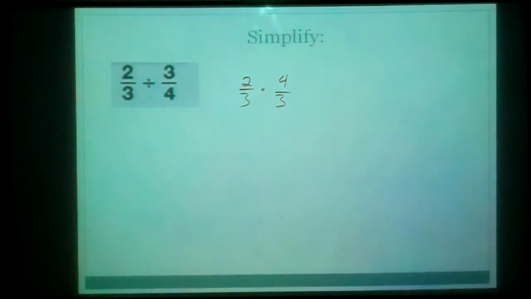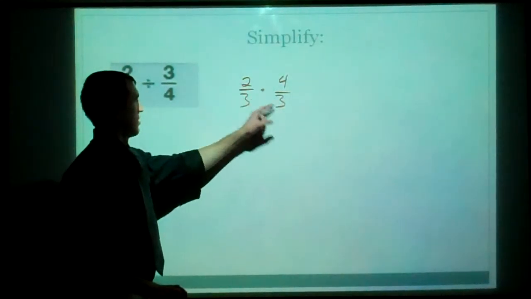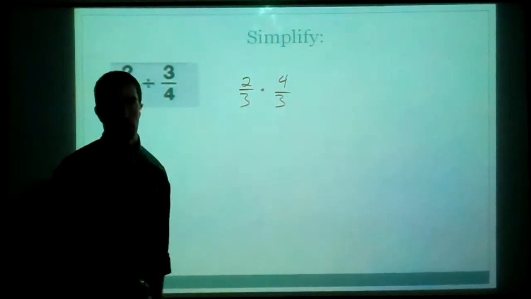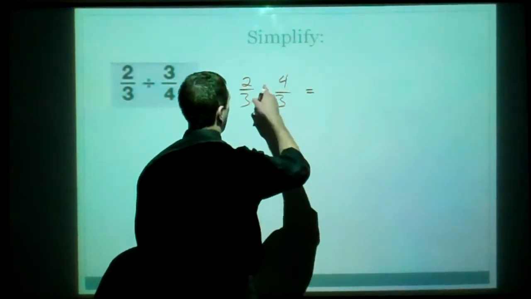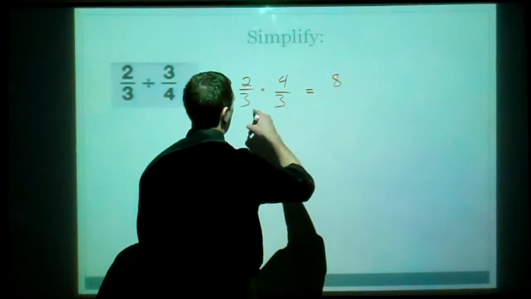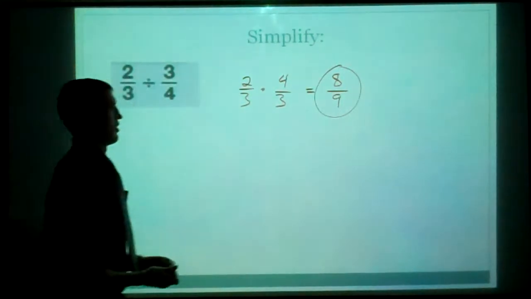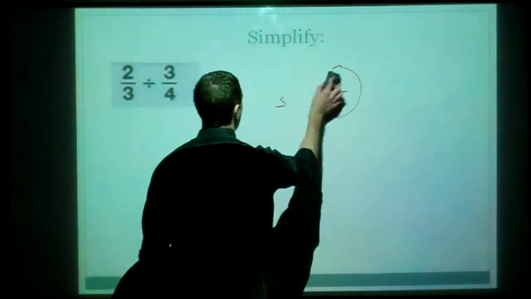And we cannot cancel anything out because 2 doesn't go into 3 evenly, and 3 and 4 don't share a common factor either. So 2 times 4 is 8. 3 times 3 is 9. 8/9 for that one when we divide.